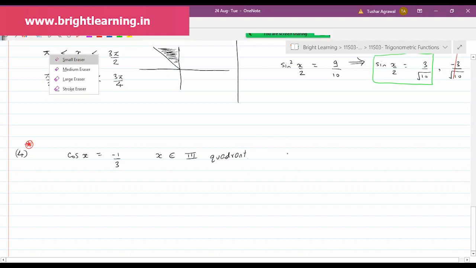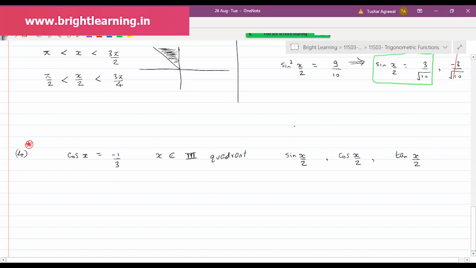Find the value of sin x by 2, cos x by 2, tan x by 2. Give me the answer in the chat box.